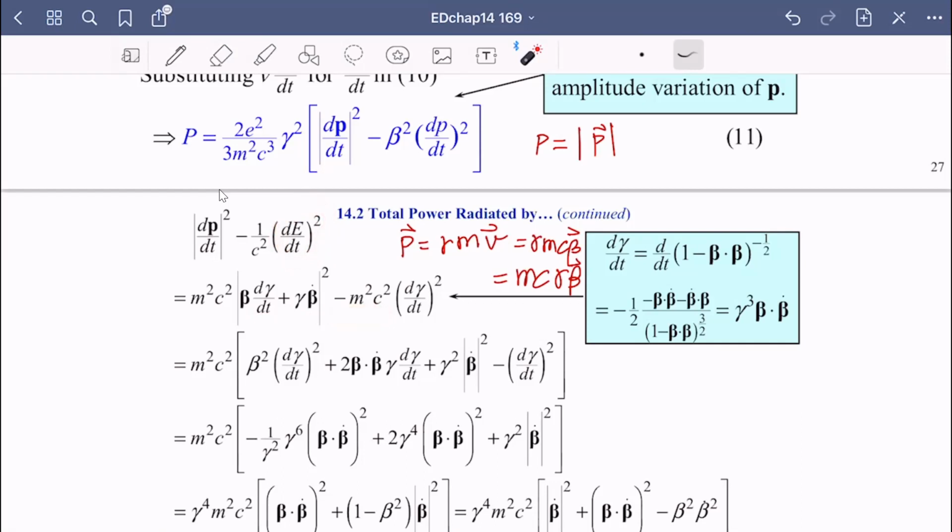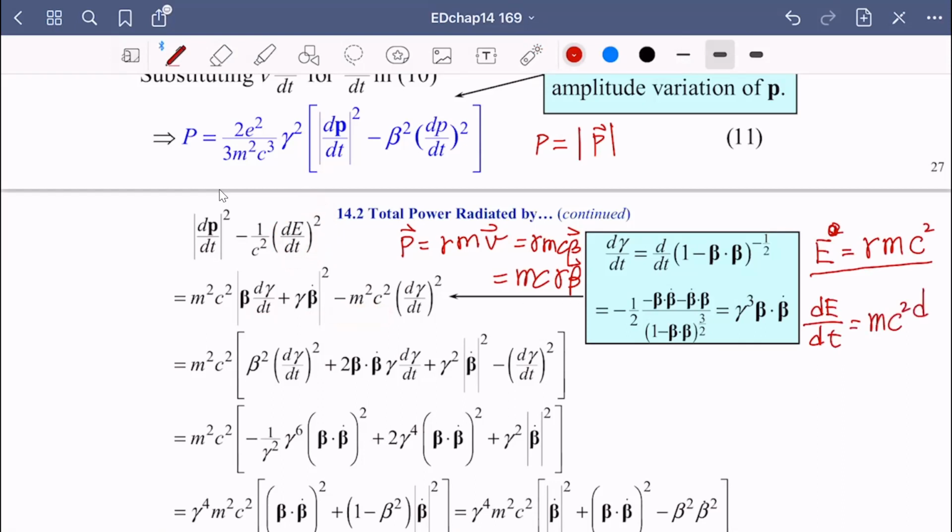This one is simple because E is gamma mc squared. So E squared is gamma squared, therefore dE dt will be mc squared the gamma dt.